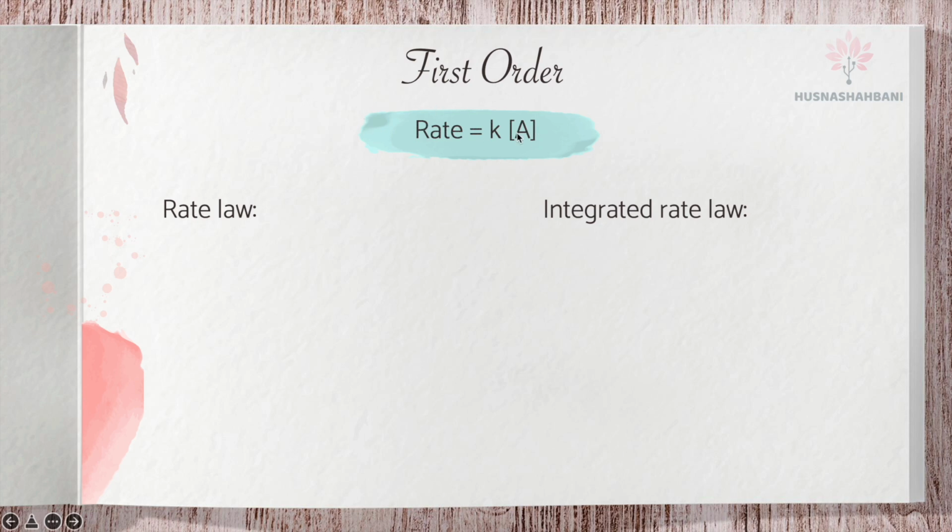So this is the rate of first order, rate equals k[A]. The rate law, rate equals k times the concentration of reactant A, and then rate equals negative dA over dt, so k[A] equals negative dA over dt. This is what we get from the rate law.